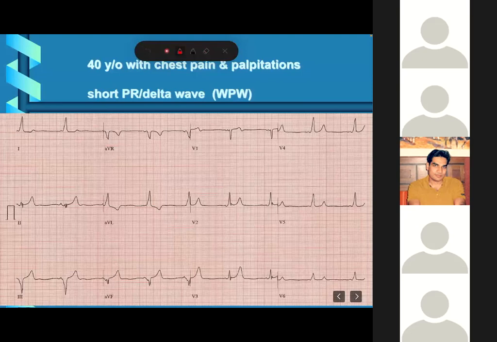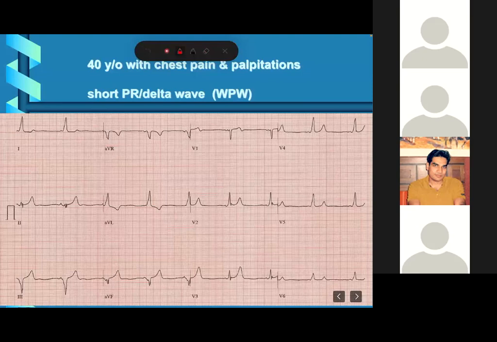Then there is an important finding: there is a delta wave in this ECG. A delta wave is showing. Here the PR interval is shortened. If there is a short PR interval, then there is a slurring of the upstroke. The normal upstroke is like this, but if it is slurred like this, then this is a short PR interval.